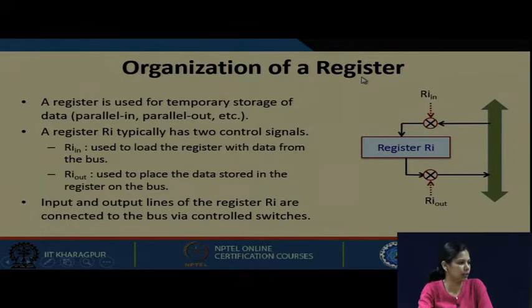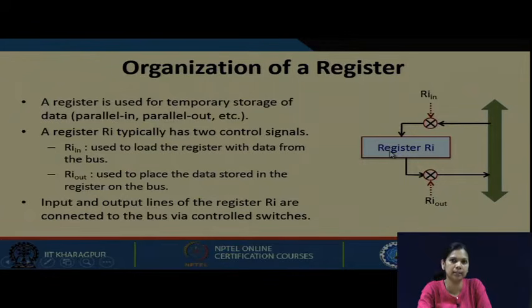Let us see the organization of a register. A register is used for temporary storage of data. In this register, we actually store data. Now we are saying that we require the data. When we do add R1 plus R2, we require the data from R1 to be available in the ALU.